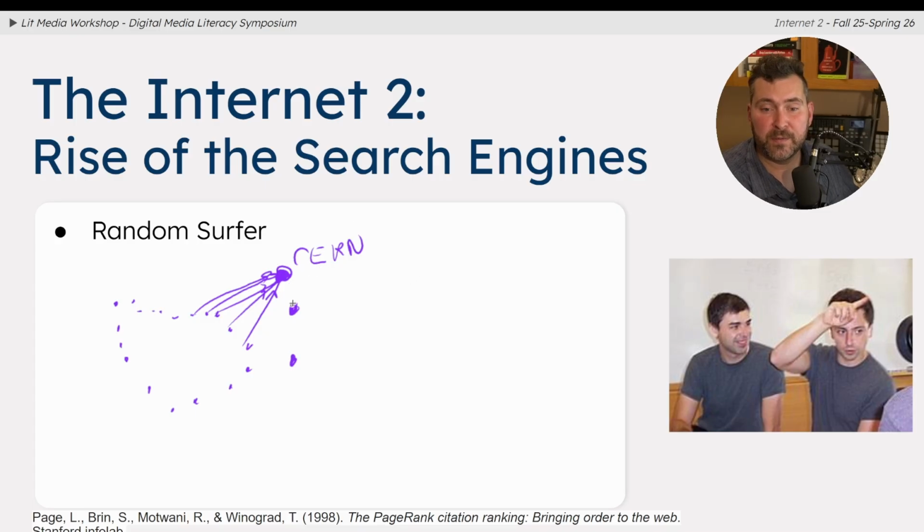And so every time you ended up on a web page, it was based on having been close to that web page. This was called the random surfer model, and it just assumed that you basically had a robot.